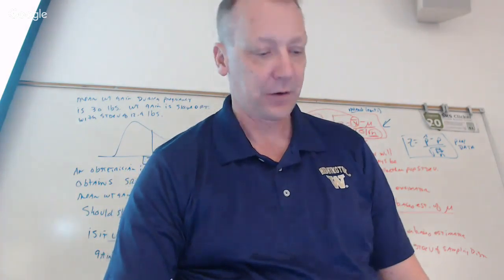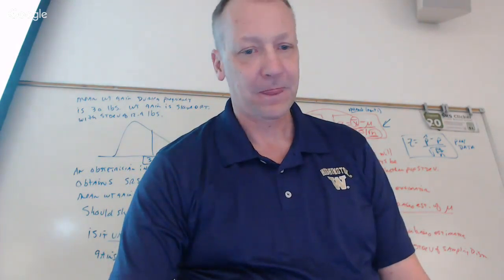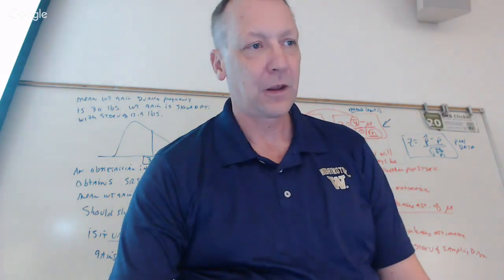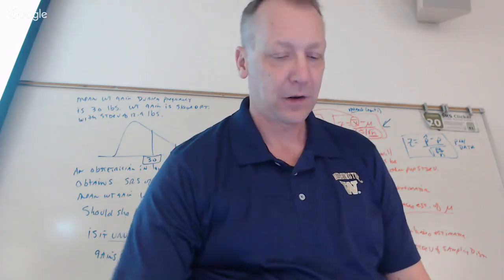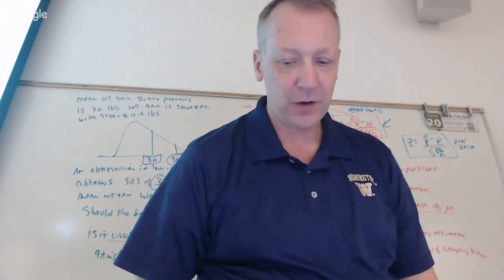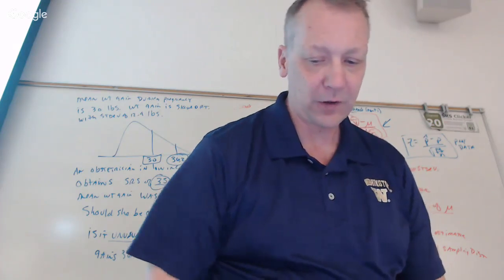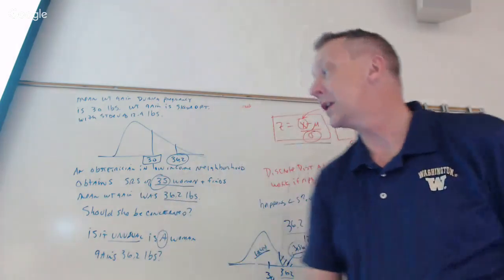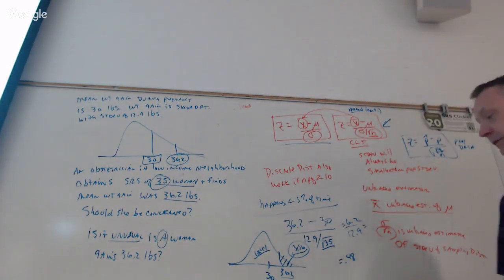Okay? Divided by square root of 35, okay, we get 2.84, okay?